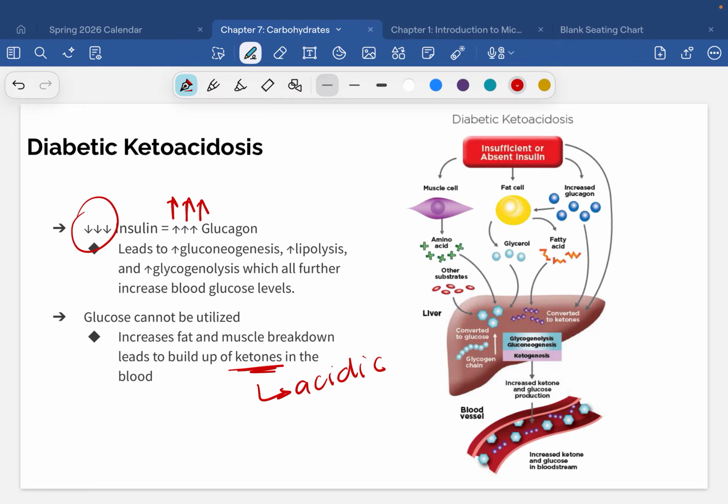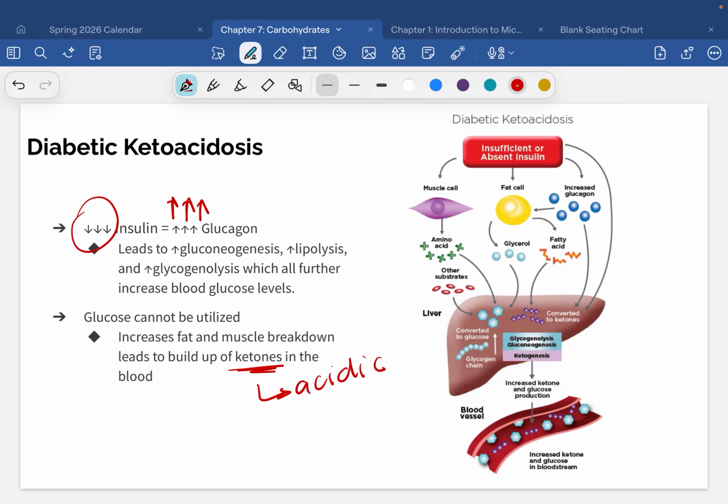If I just stopped eating, even though I have insulin, in a couple of days my body will start to break down all the fat first, and then after that, it's going to break down the muscle and your brain eventually. It'll break down your organs. Your body will do whatever it has to do to provide energy for it.